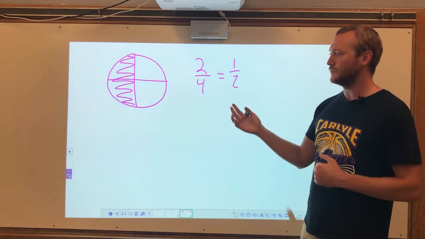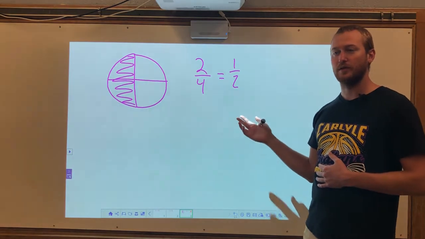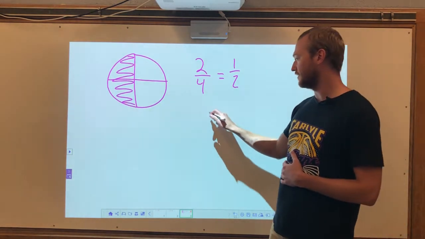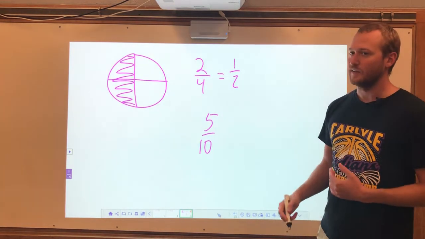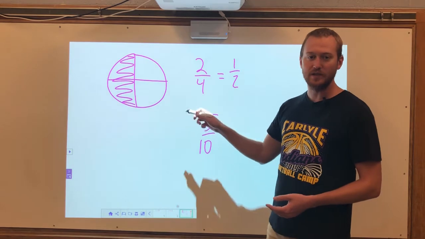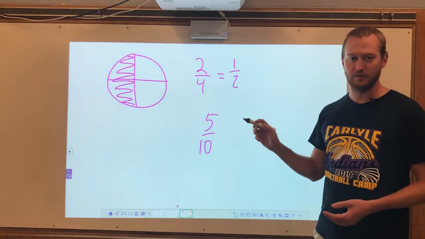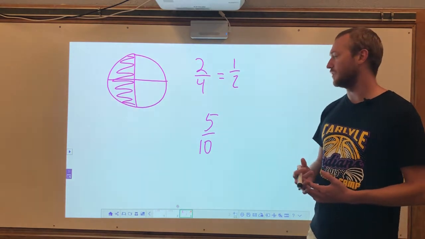Now, it's really nice with a visual when we have small numbers like this. But what if we had something like 5/10? It can get really time consuming to draw a circle, split it up into 10 even pieces, shade in 5 of them, and see if it simplifies down to something.